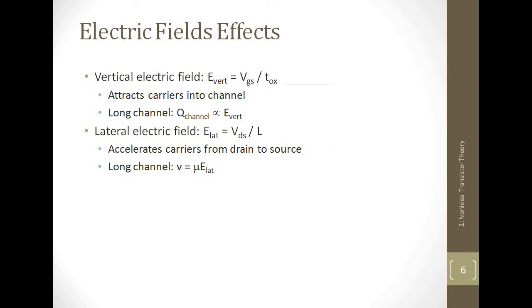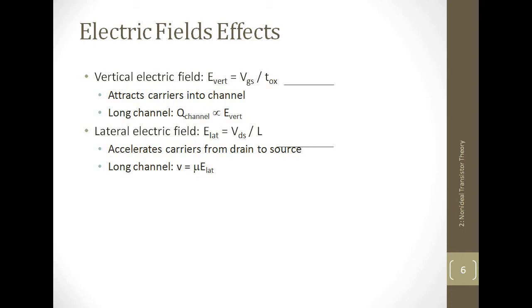This vertical electric field attracts carriers into the channel, and for a long channel, the channel charge Q is directly proportional to E vertical.